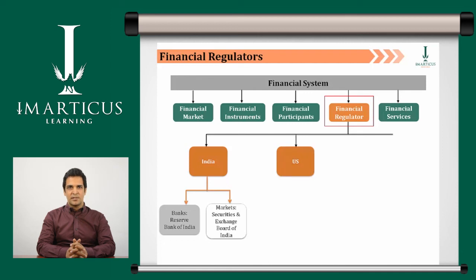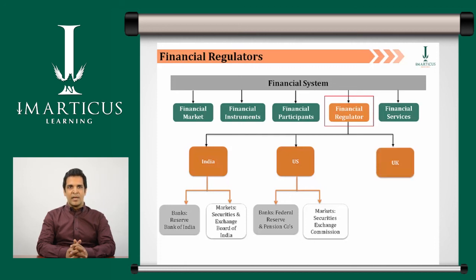In the US, we have the Federal Reserve and the Securities Exchange Commission, which is also called SEC. In the UK, it is the Bank of England and the Financial Conduct Authority, or FCA, along with the Prudential Regulatory Authority.